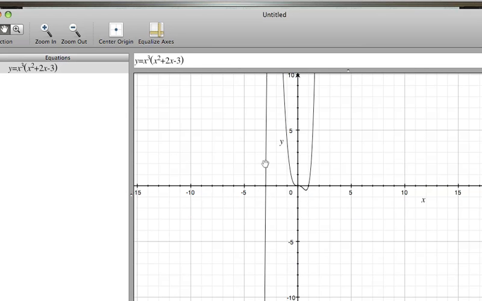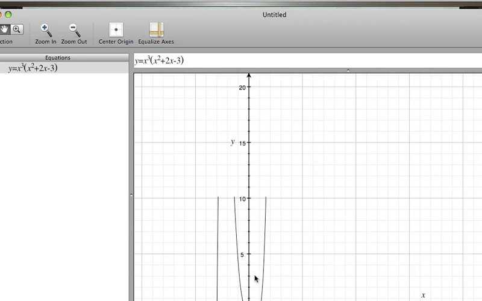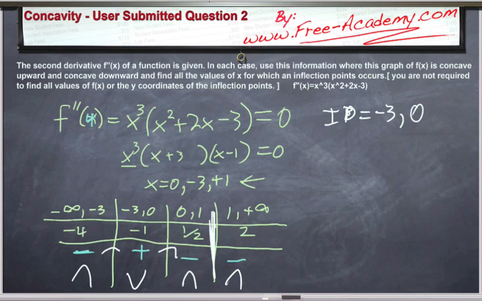We have concave down from -3 all the way to 0. We have concave up from -1 to 0. Then we have concave down from 0 to +1, concave down. We seem to change to concave up at some point too.